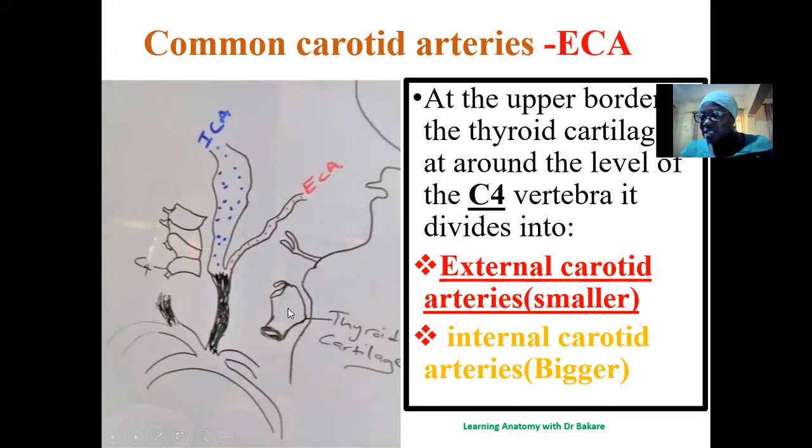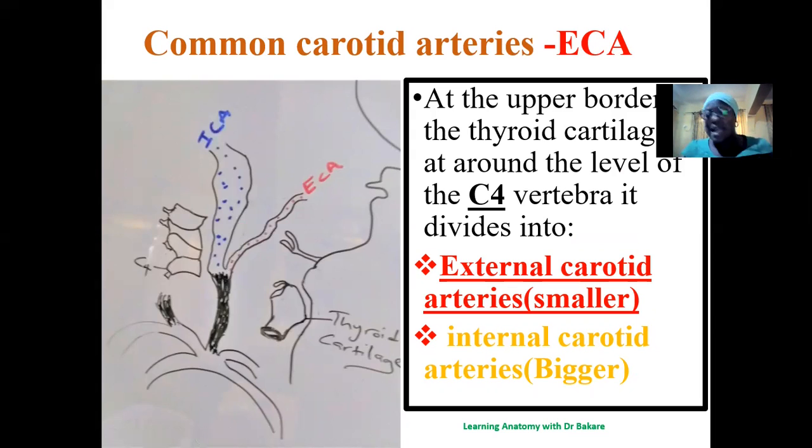This is our thyroid cartilage, which forms the major structural component of the larynx. It is located in the anterior midline neck region. So the upper border of this thyroid cartilage corresponds to the fourth cervical vertebral level, and this is the level where we have the division of the common carotid into the internal carotid artery and the external carotid artery.